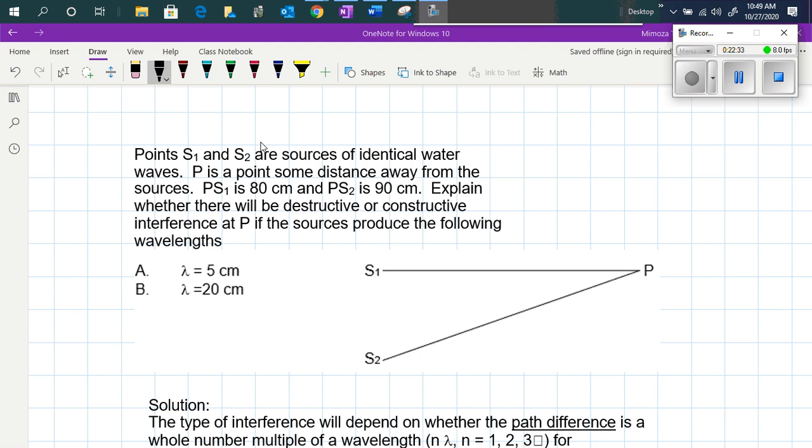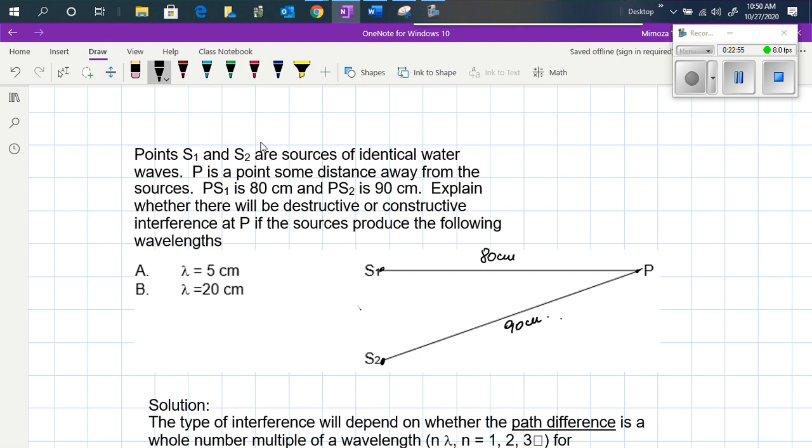Now we have two point sources, S1 and S2. In this case they are water waves, and they meet each other at point P. PS1 is 80 centimeters and PS2 is 90 centimeters.